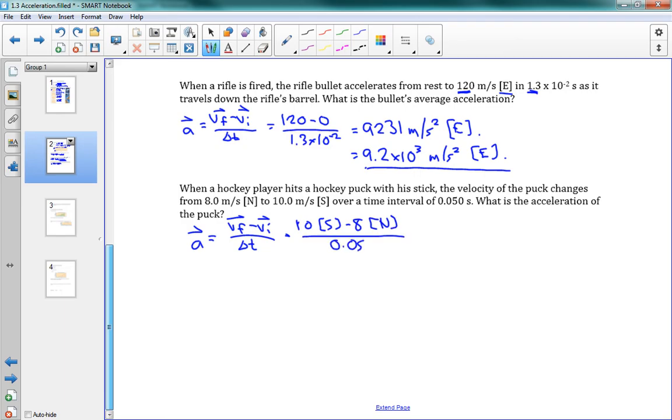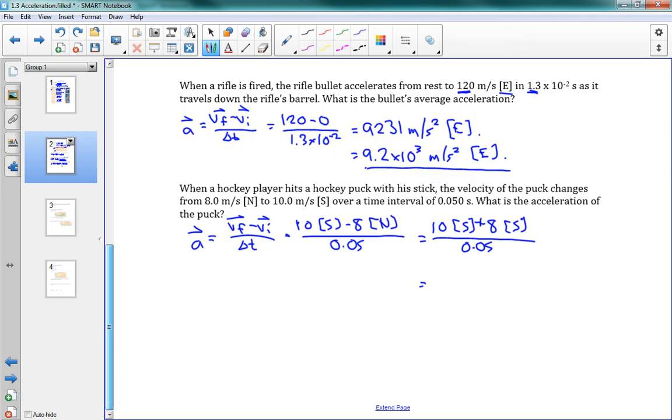0.05 seconds. Okay, we need to put these in the same direction. So I can still keep this as 10 meters per second south, but now I'm going to swap the sign, so 8 south over 0.05.